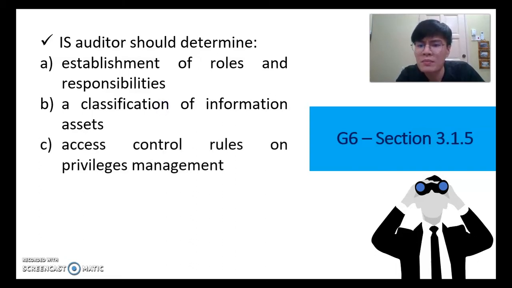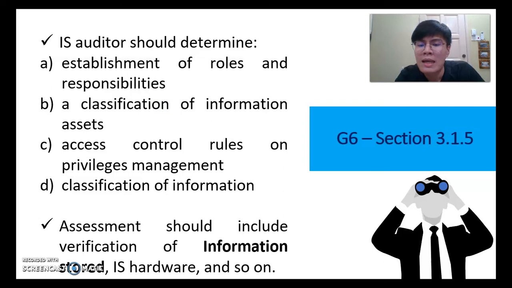Number 3, determine access control on privileges management. Number 4, determine classification of information based on degree of criticality and risk exposures. Assessment should include verification of information stored, IS hardware, IS architecture and software, IS network infrastructure, and many more.